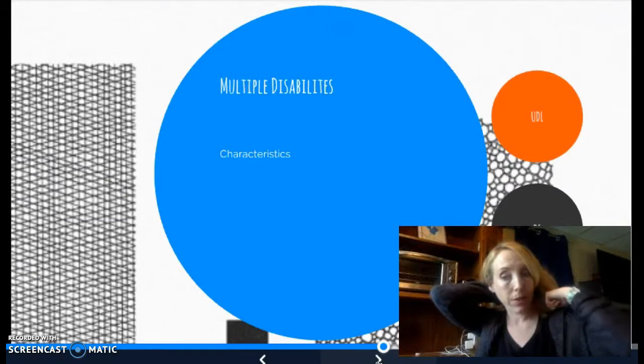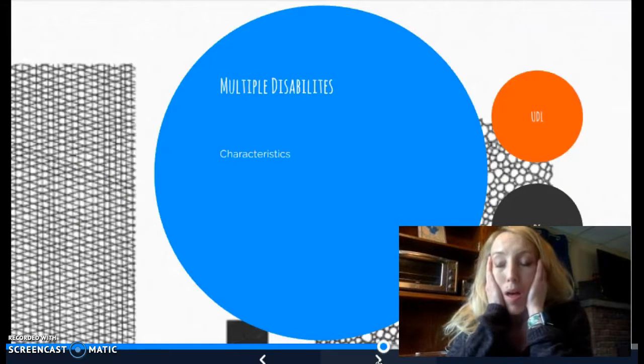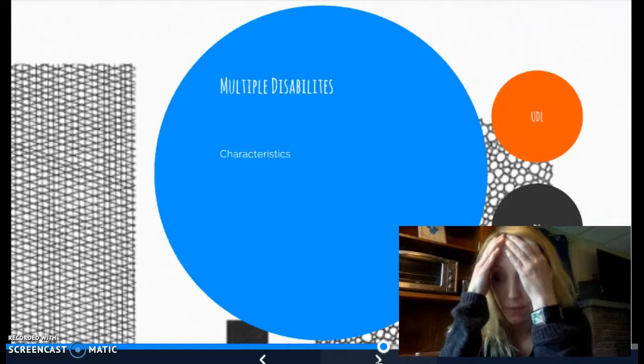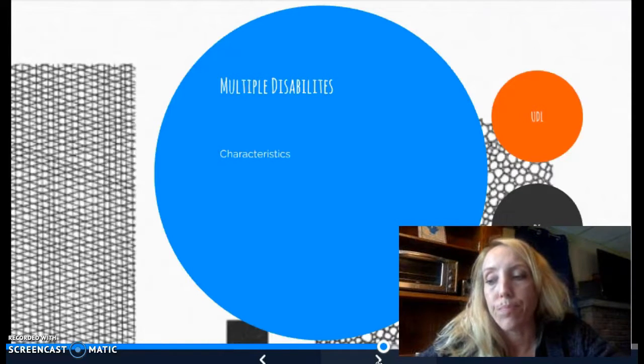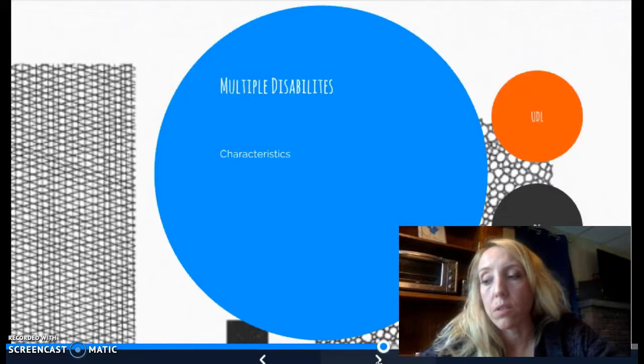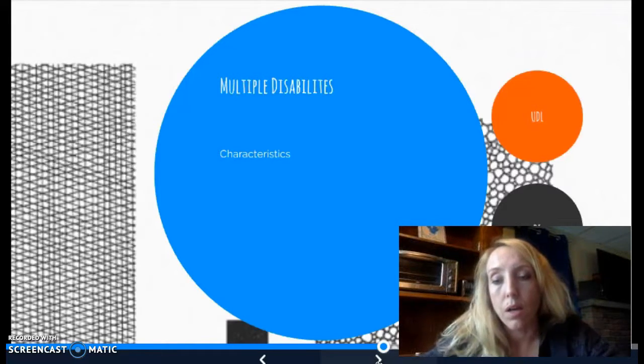Multiple disabilities characteristics. They have specific characteristics related to their intellectual functioning, their adaptive skills and motor development, sensory function, and communication skills.